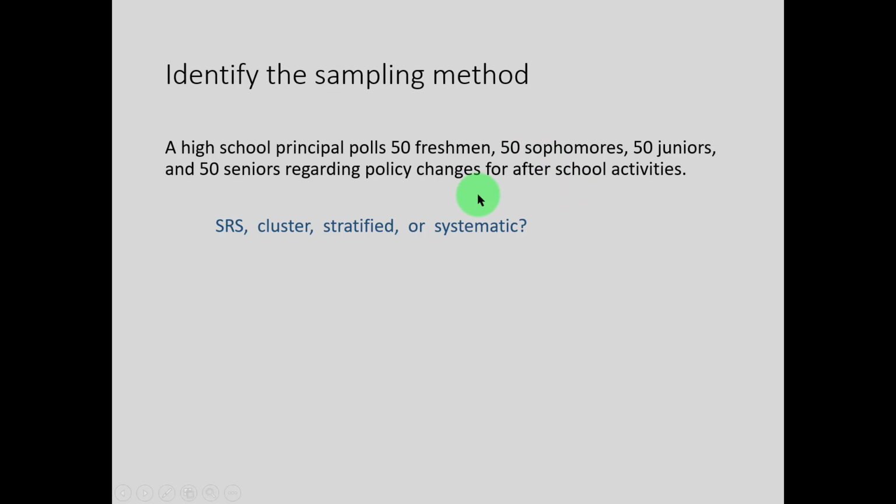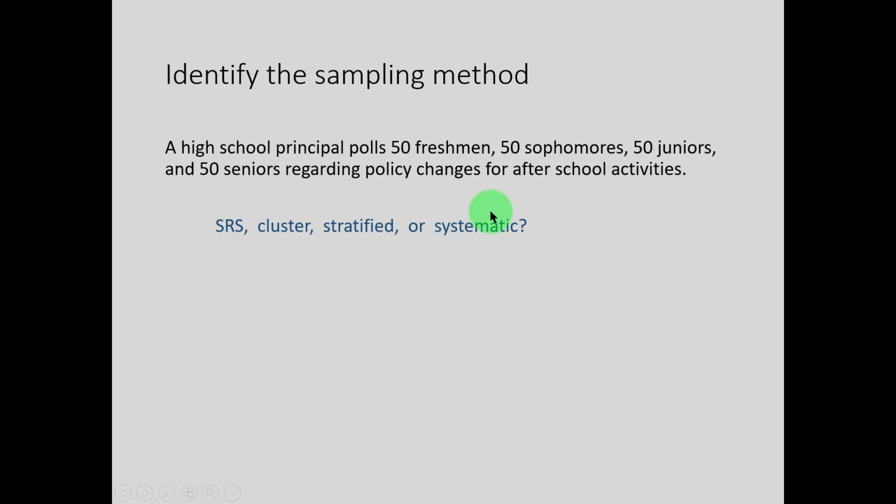Here's our list of methods we've discussed: simple, cluster, stratified, or systematic. It might be nice to see which methods we can eliminate. It doesn't seem like every 10th student was chosen because we weren't told any of that info. So I don't think it's systematic.